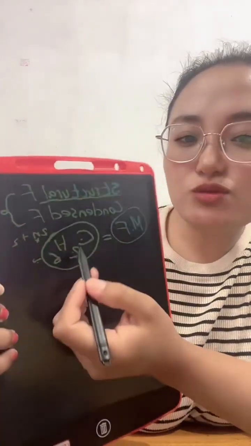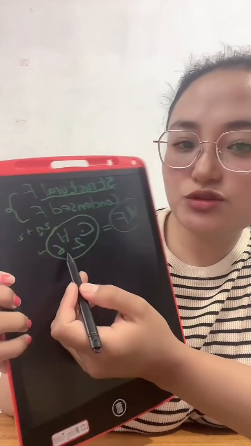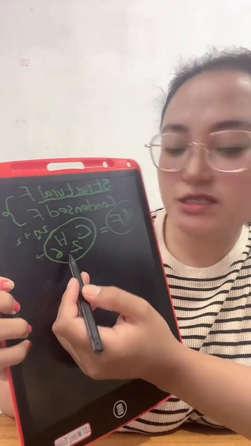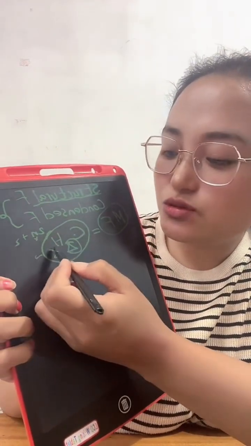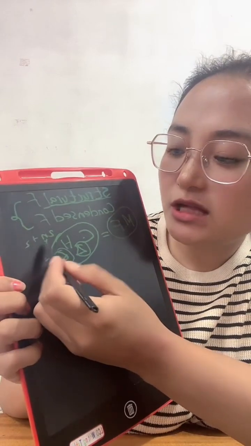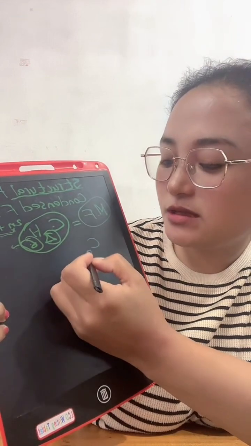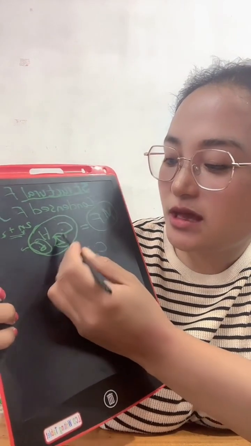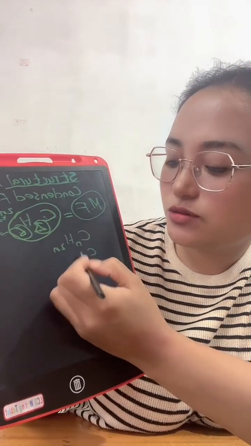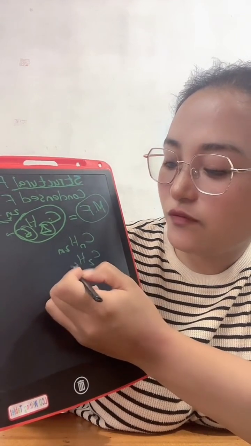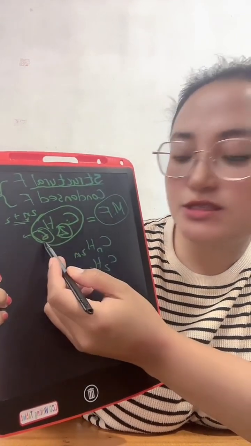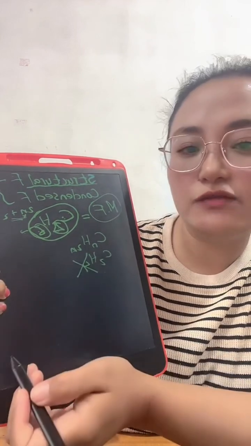So for C2H6 you first have to know which family it belongs to. How do we know? If it were alkene, CnH2n, with 2 carbons we would have 2 times 2 equals 4 hydrogens, but here we have 6 hydrogens. So this is not the alkene family.